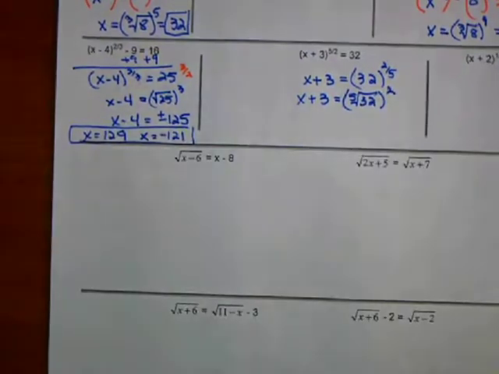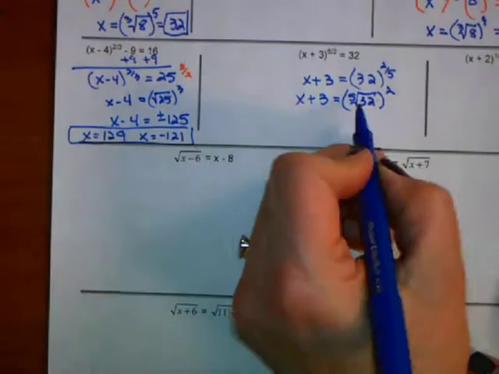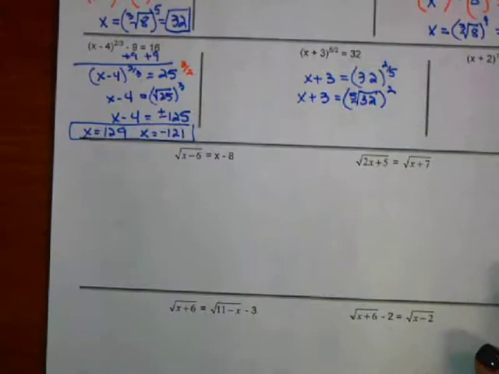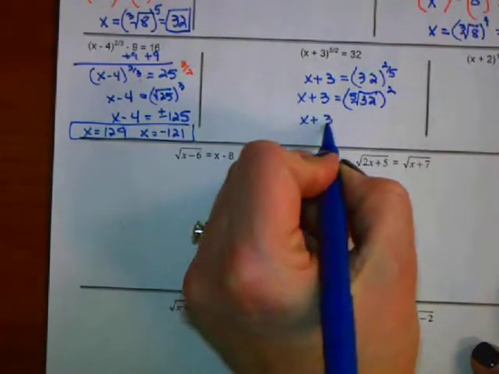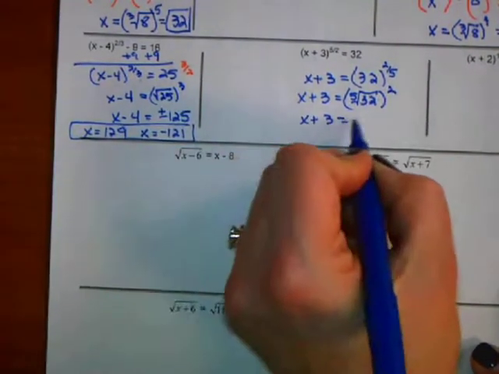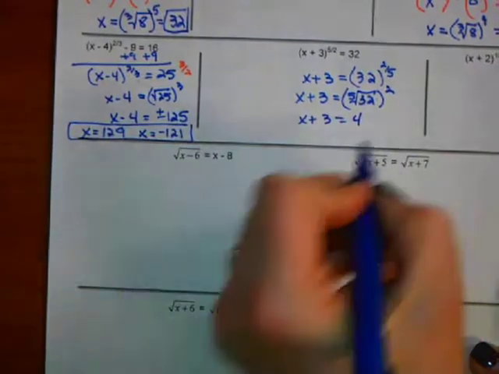Now, does an odd root have a positive and a negative? No. It only has the positive here. So the 5th root of 32 is 2. So x plus 3 equals 2 squared, 4. You subtract 3, you get x equals 1.